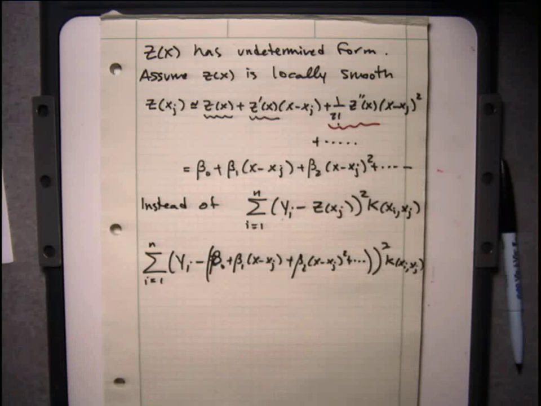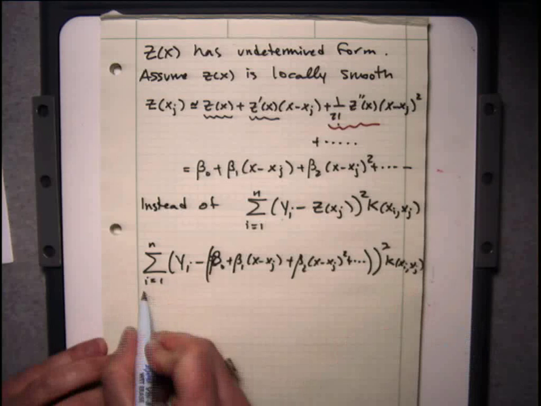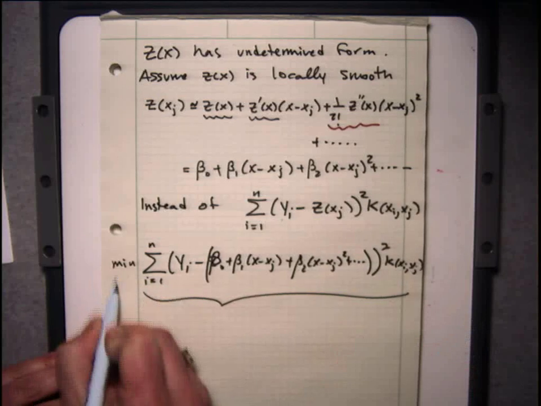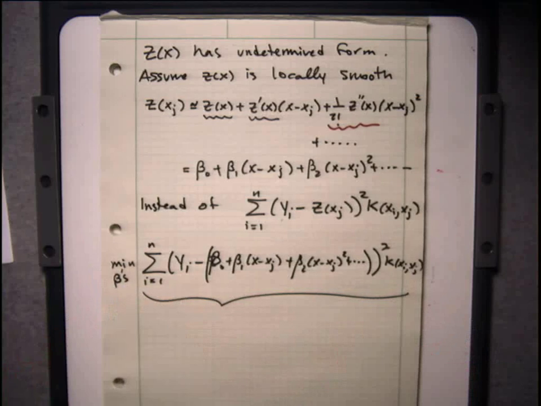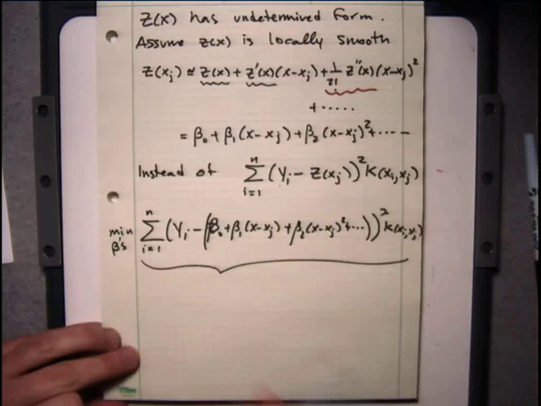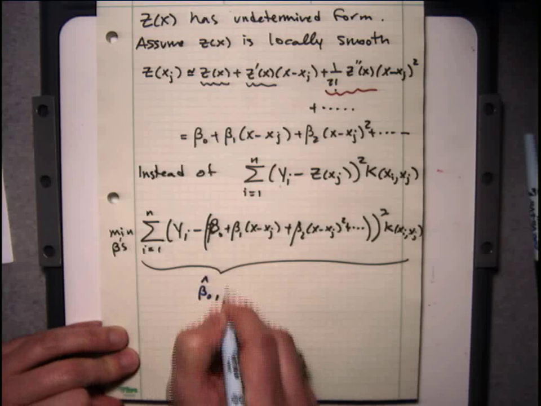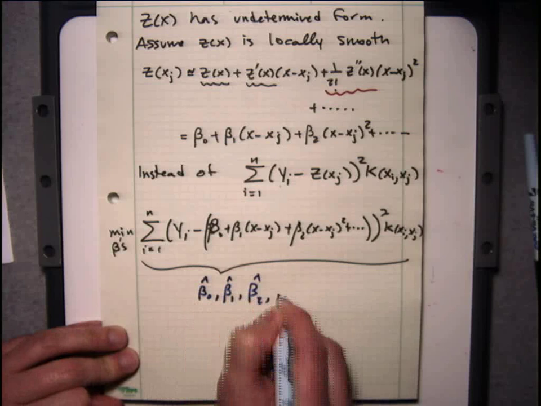Okay? Now, when I do this, I minimize this over the betas. Okay? And what I get is a bunch of estimates, beta 0 hat, beta 1 hat, beta 2 hat, and so on.